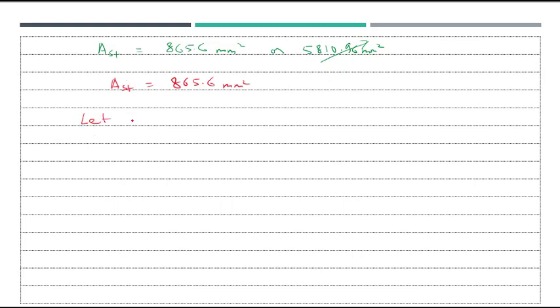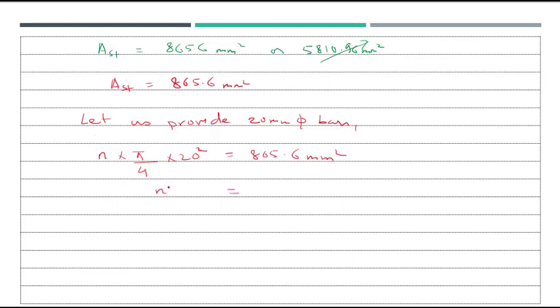So I'll say let us provide 20 mm dia bars. Then how many of these 20 mm bars will you require? It will be n into pi by 4 into 20 square, where n is the number of 20 mm dia bars. This should be equal to 865.6 millimeter square.